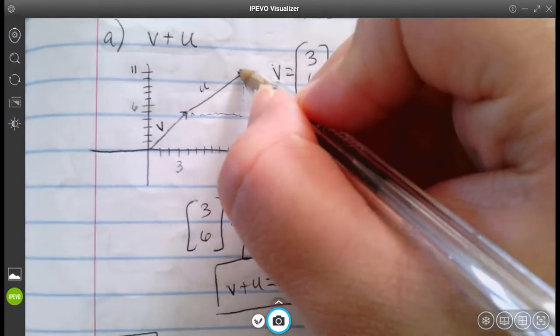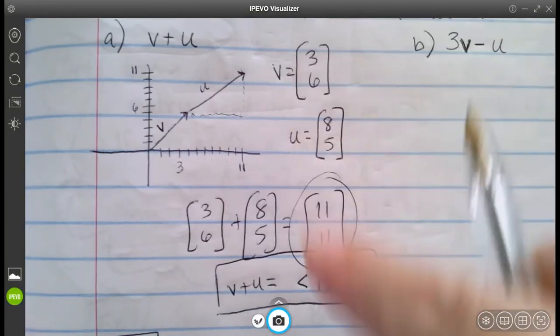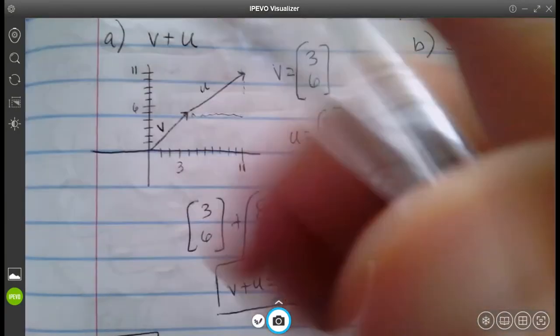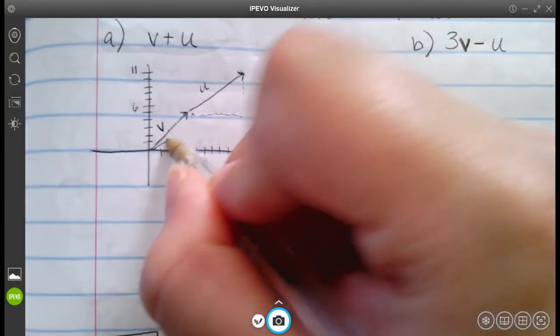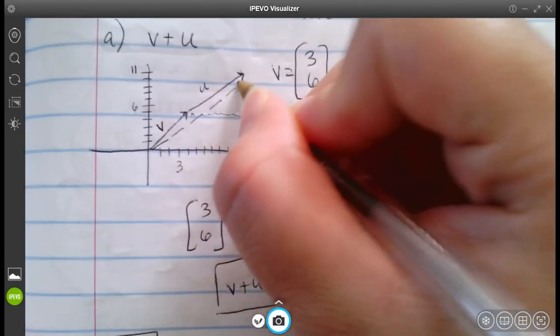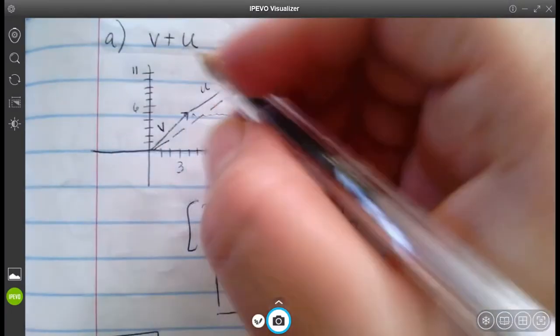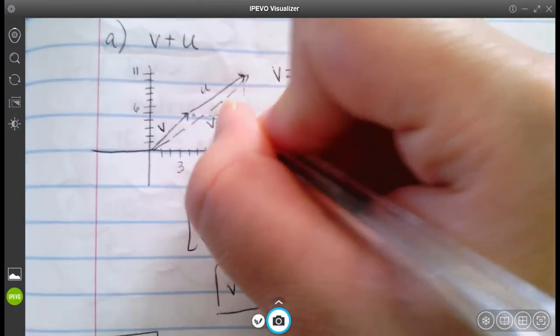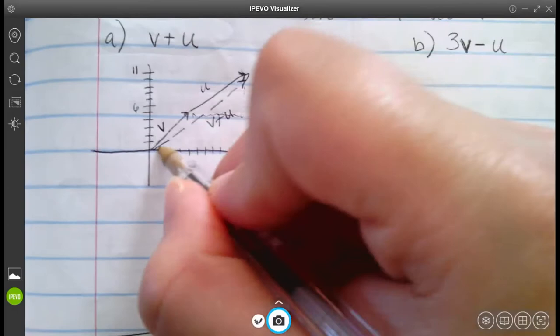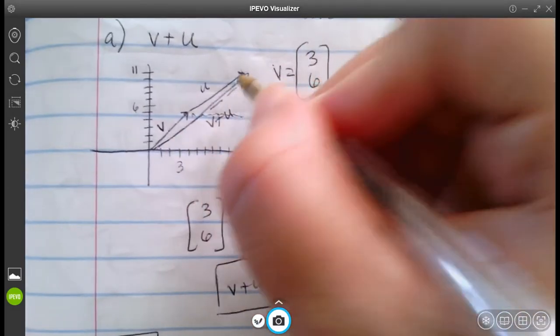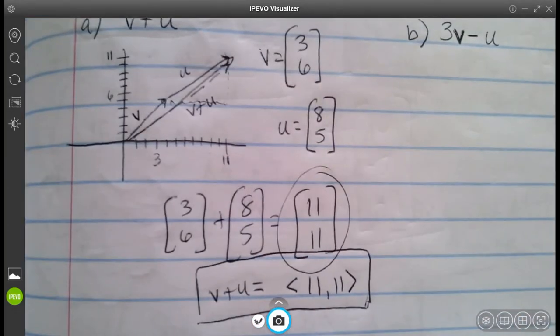So 8, 5, kind of like a right triangle. And my resultant vector is V plus U. So the line that's made from these two guys, this would be V plus U, this resultant vector here. And that's how this works when you apply it to that.